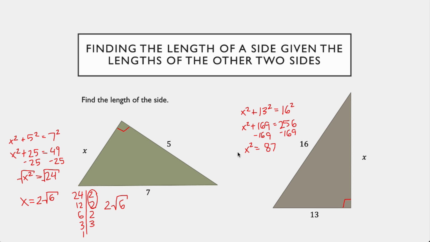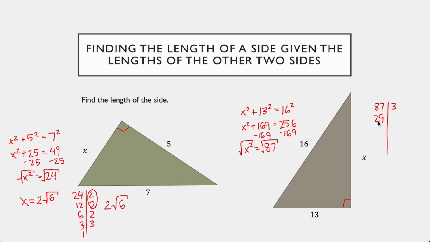But first, let's take the principal root, of course. Alright, let's do that factorization thing again. 87, let's see, which prime numbers go into it? 3 goes into 87, so we put that there, and 3 goes into 87 29 times.